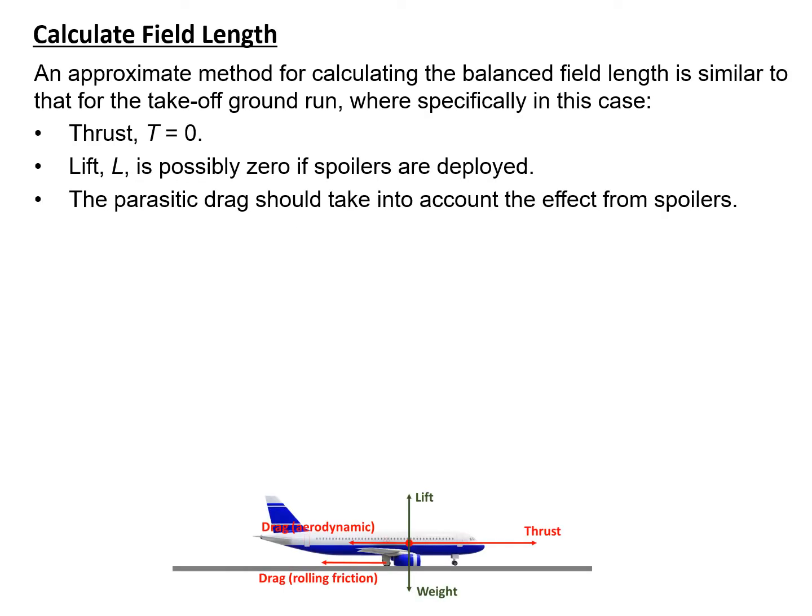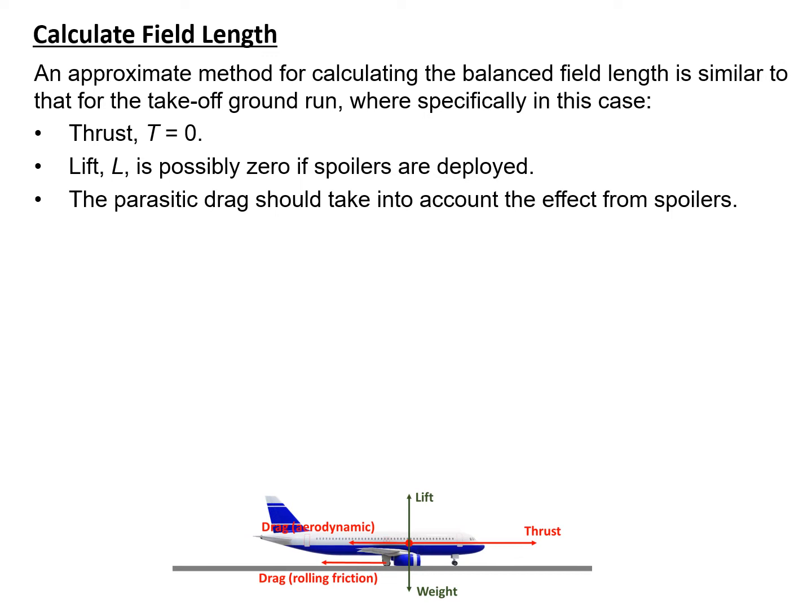So now let's see how we calculate the field length. An approximate method for calculating the balanced field length is similar to that for the takeoff ground run, which we have done earlier. But to calculate the balanced field length, we should have some specific conditions.